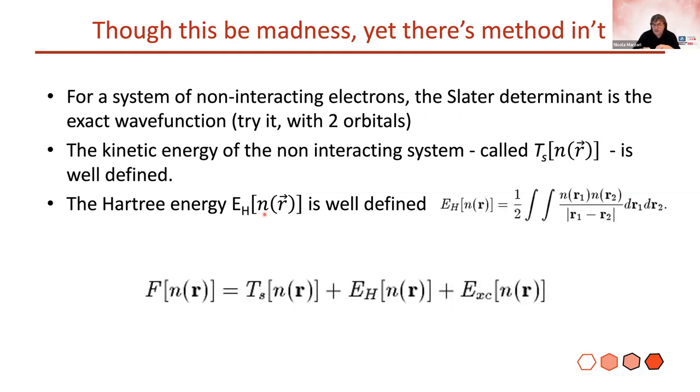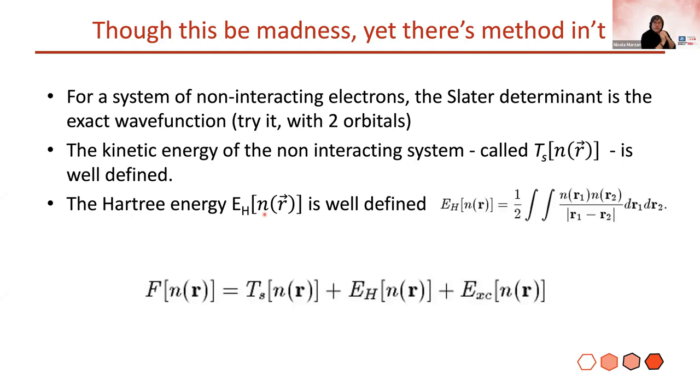So this is just a game, basically. You don't know what F is, and you say F is this plus that plus unknown. You would say we haven't made any progress, but progress was made because the first two terms captured a lot of the energy functional. And as I said, they were somehow lucky for the third term.